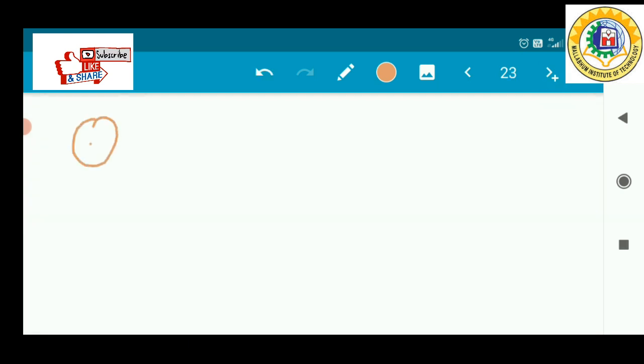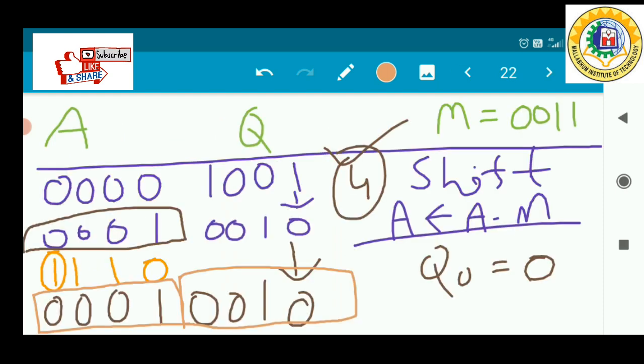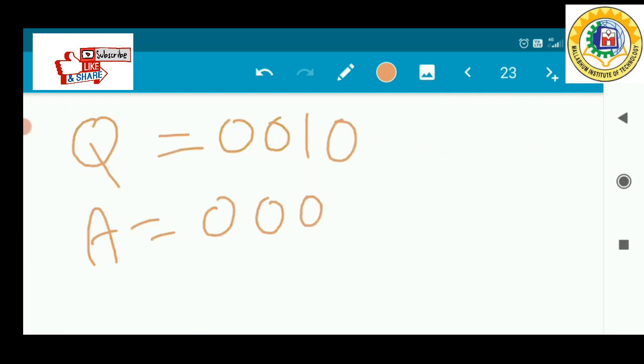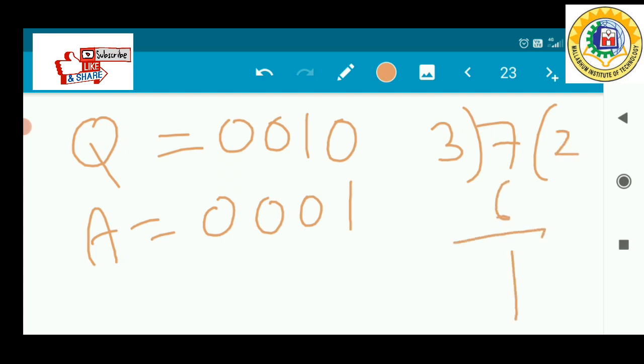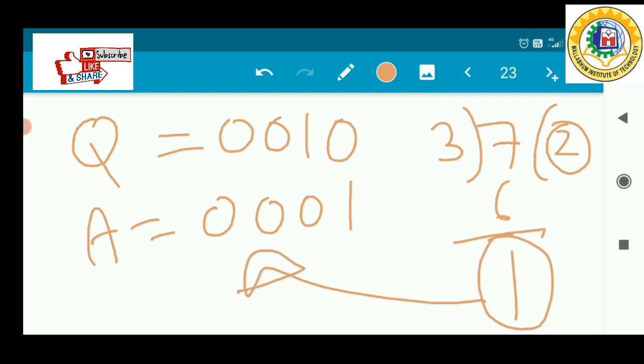So your final Q will be 0 0 1 0 and A will be 0 0 0 1. This is your quotient, this is your remainder. You can verify that this is exactly the same as what we took previously.